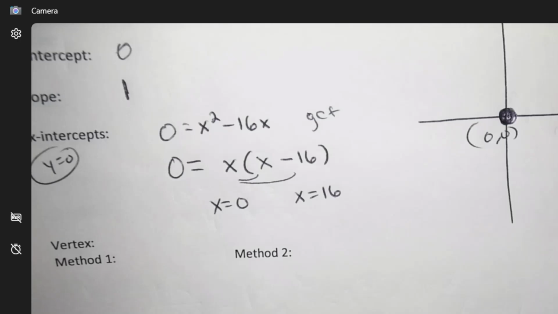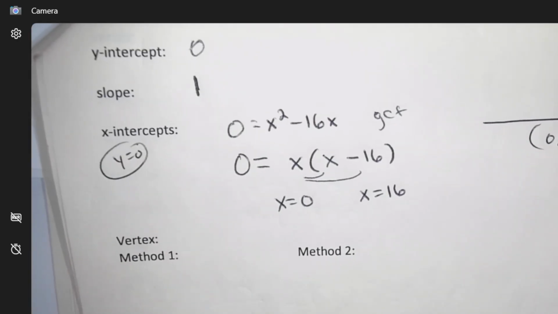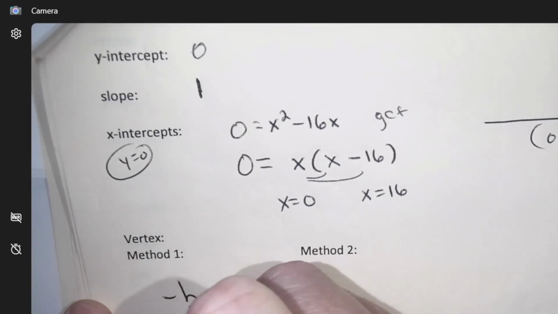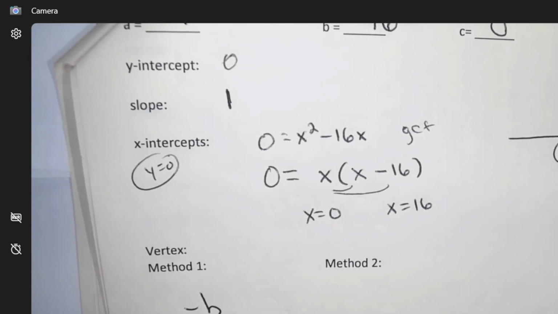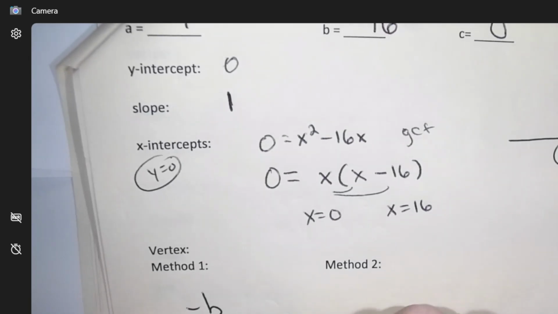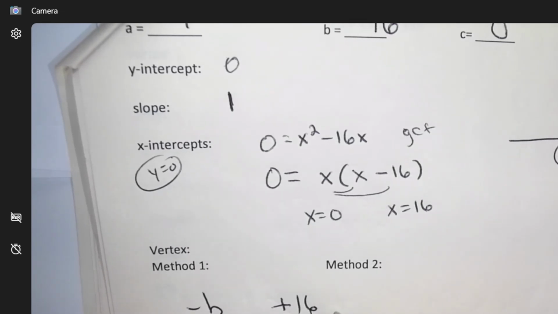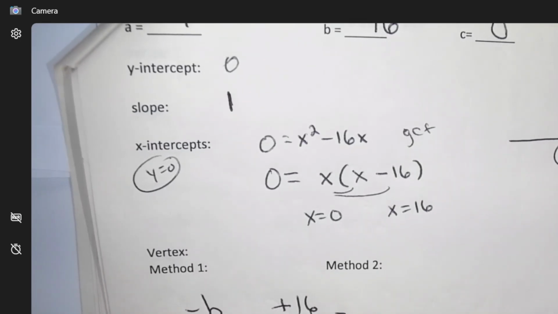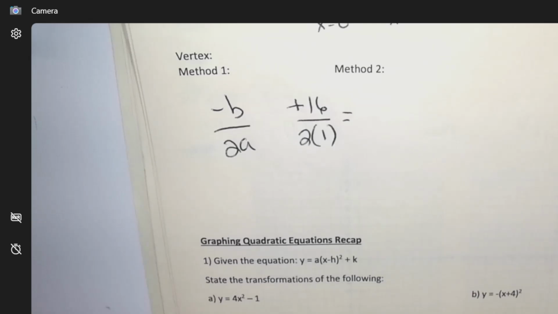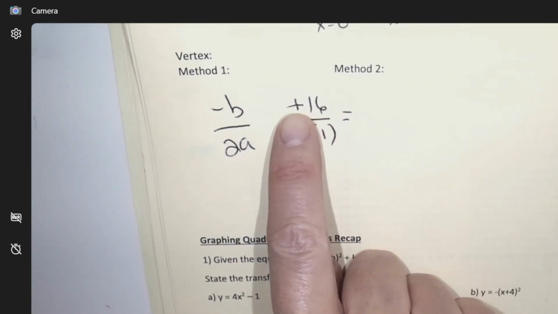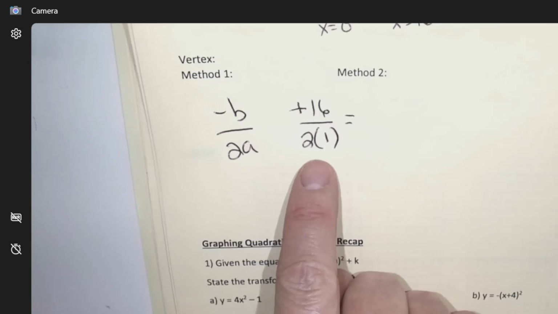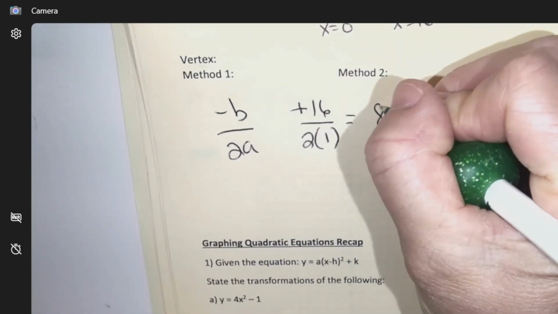Okay, I'm going to double check that. Let's go negative b over 2a. Let's see if we get an 8, because we already know the answer. Negative b over 2 times a. Negative b, so opposite. We had a negative already, so now opposite is positive. Hey, that makes 8.